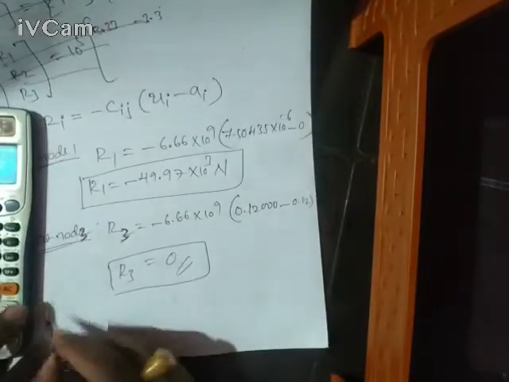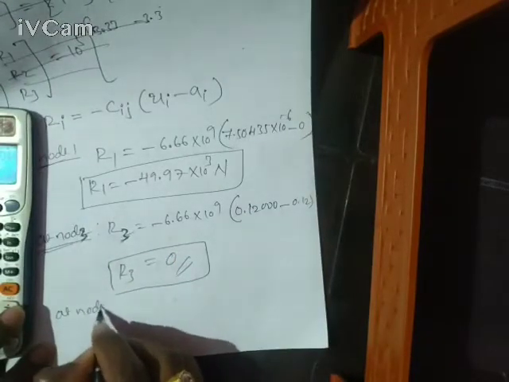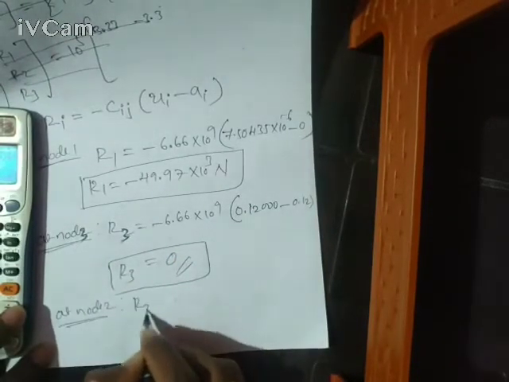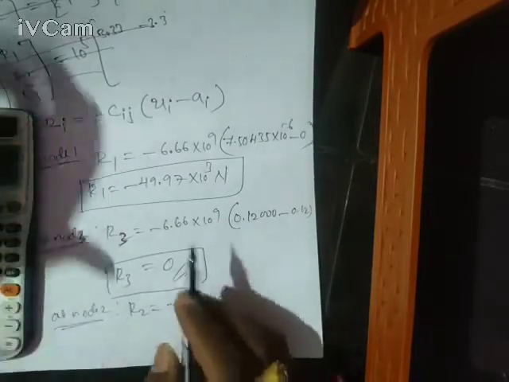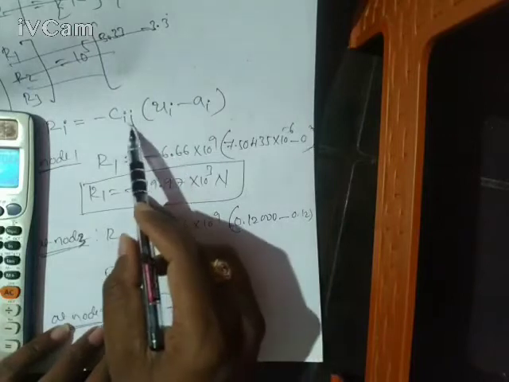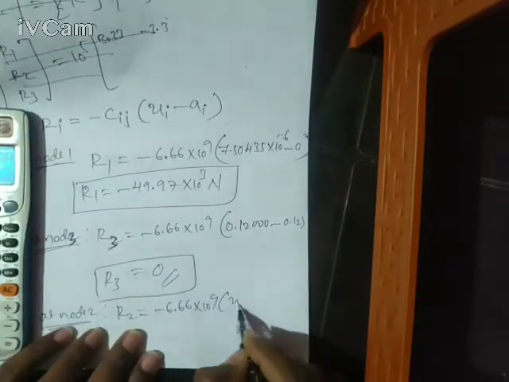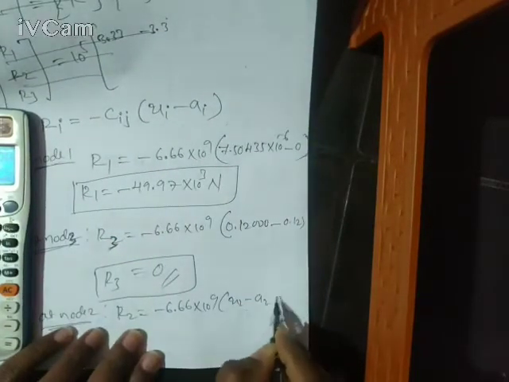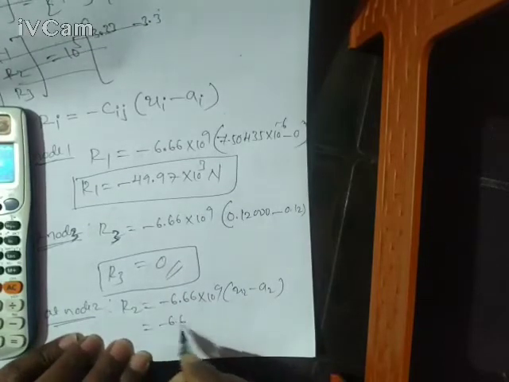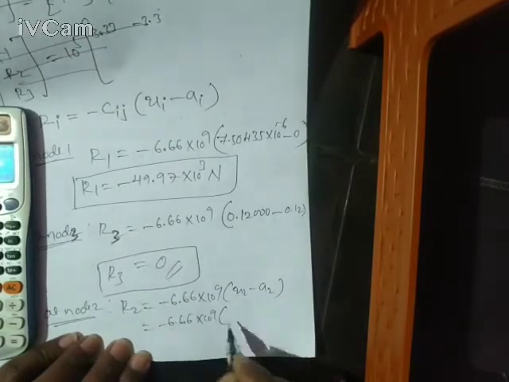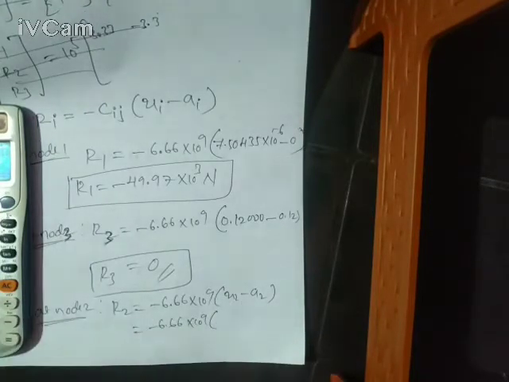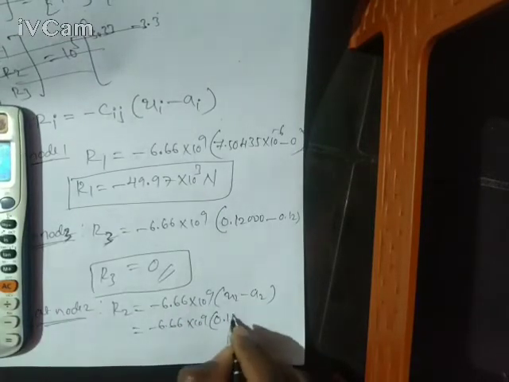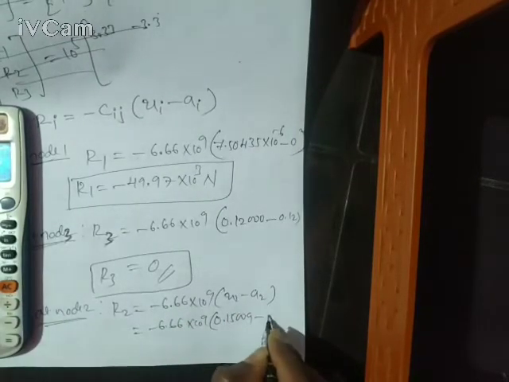Okay, let us cross check. What about node 2? R2 is equal to minus 6.66 into 10 to the power 9, the value of Cij, into u2 minus a2. What is the value of u2 I got here? I have got 0.15009 and a2 is 0.